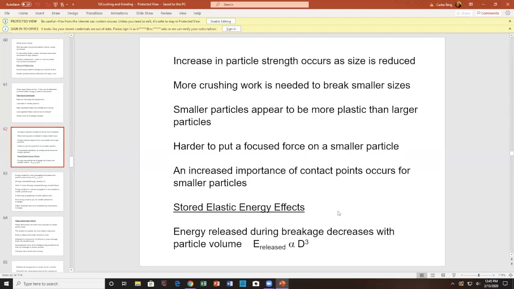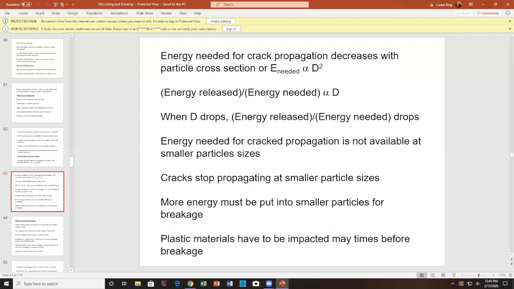Stored elastic energy effects. Well, energy is released during breakage. Energy released during breakage decreases with product volume. So as product volume decreases, energy released decreases. Energy needed for propagation decreases with the square of the area produced, right? So that's d squared.